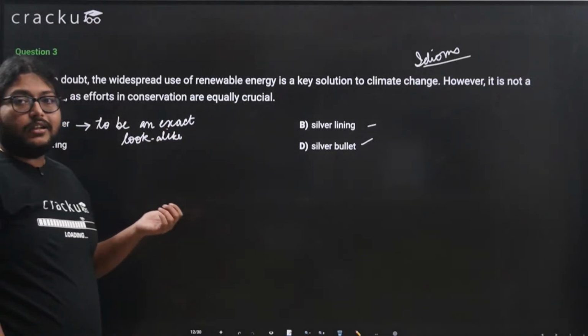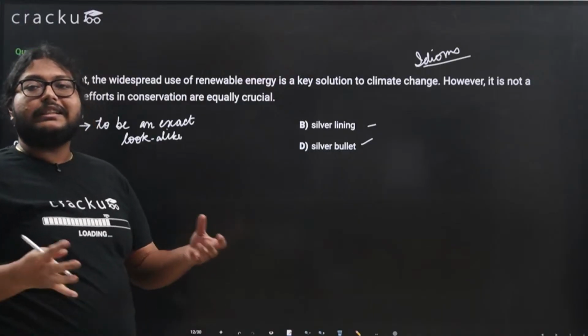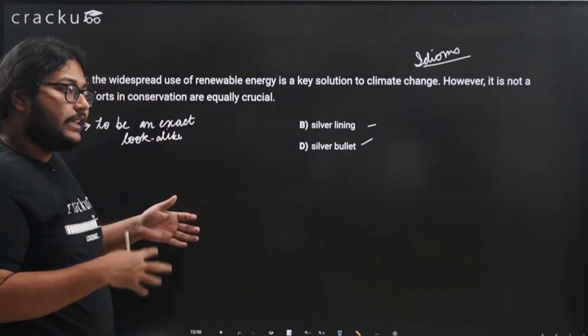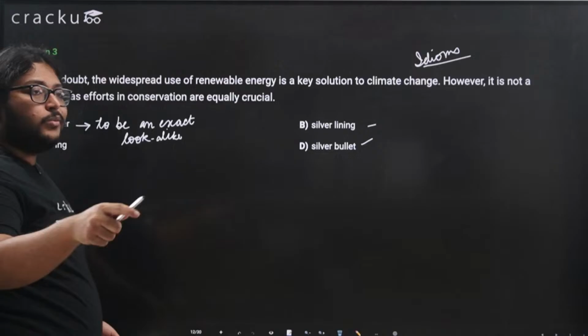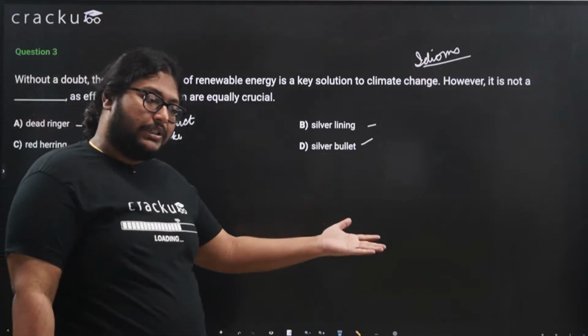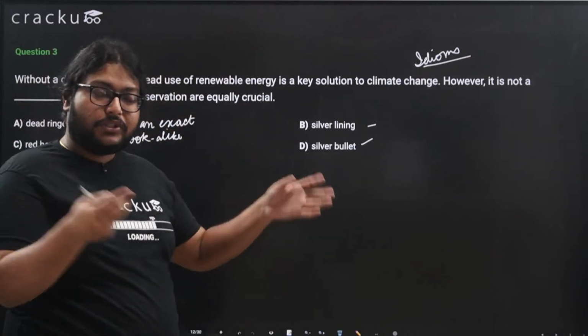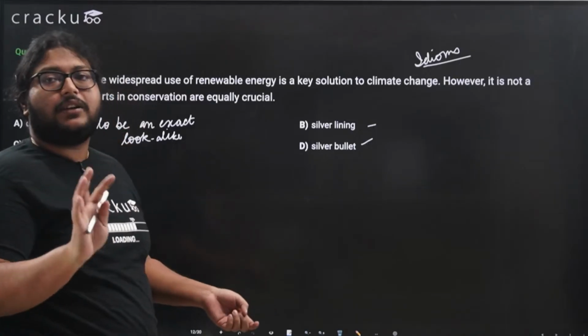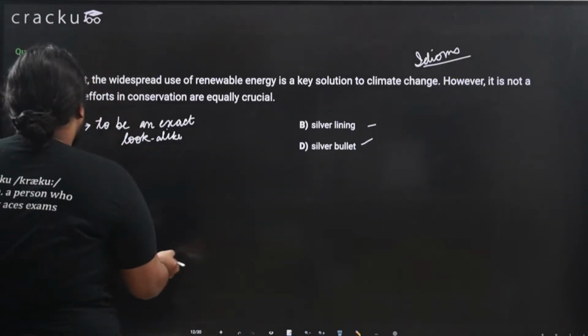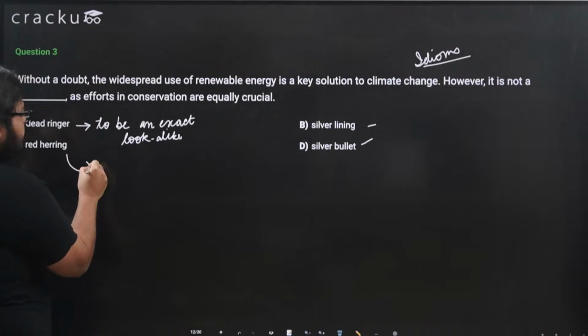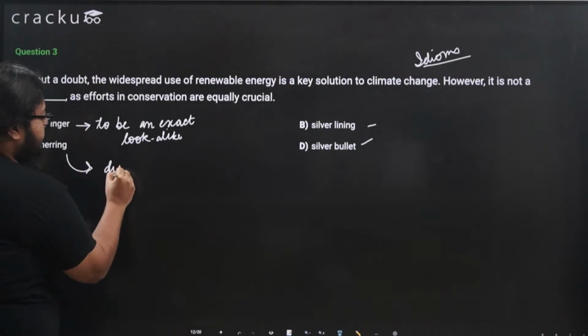Red herring means something which results in distraction. It can be anything, like the commotion was a red herring and the dacoits escaped. Like the commotion was a distraction and using that the dacoits escaped. So red herring means something which is a distraction.